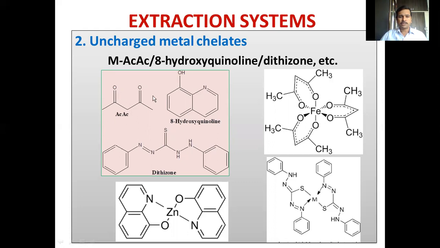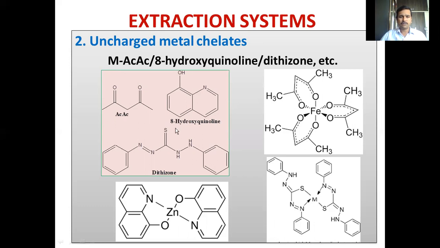Here, the oxygens of acetylacetone, nitrogen and oxygen of 8-hydroxyquinoline, and sulfur and nitrogen of dithizone are the groups which will donate a pair of electrons to any metal ions when they come to the interface in the solution where these reagents are present.